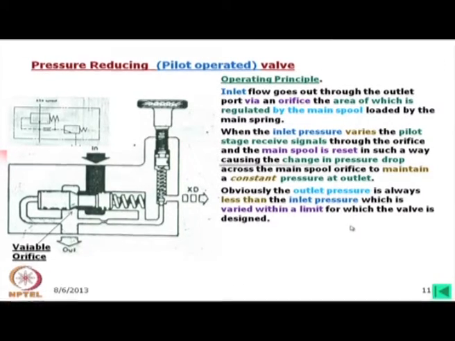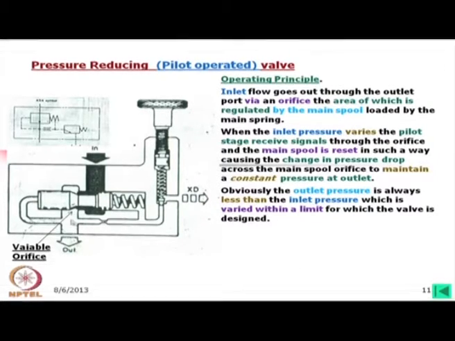Obviously, the outlet pressure is always less than the inlet pressure, which is varied within a limit for which the valve is designed, depending on amount of flow and the pressure drop. This orifice size, spool size, spring, etc., all are determined. That means, this valve will have a range only.